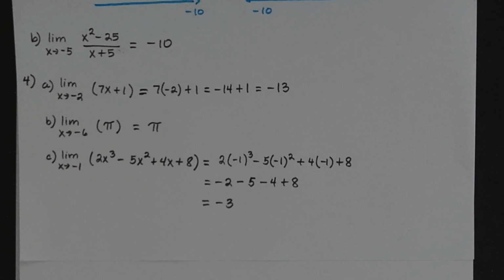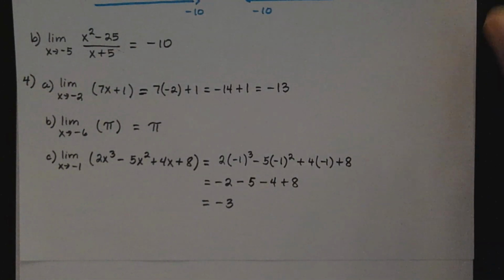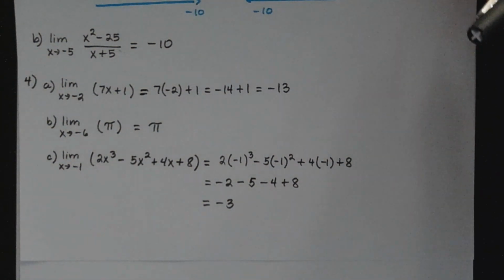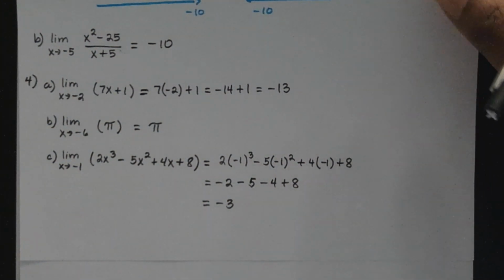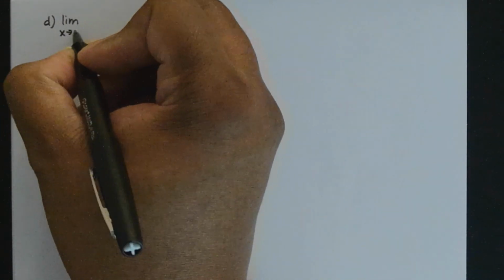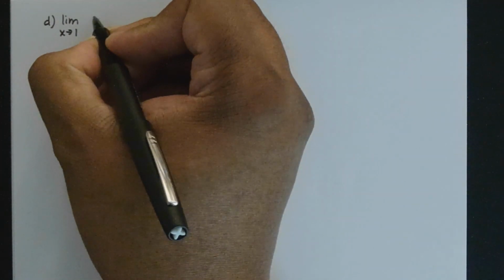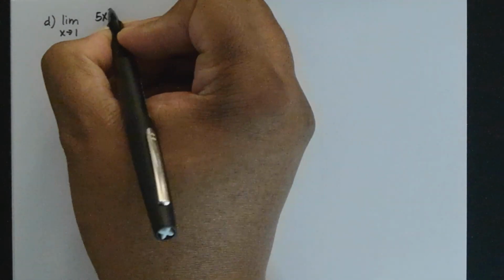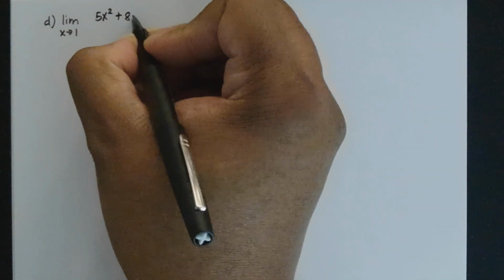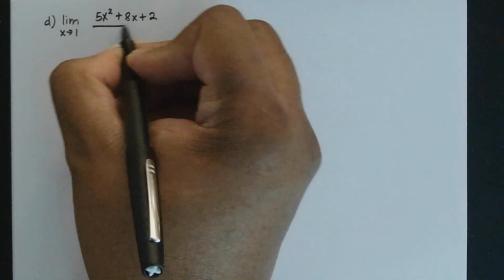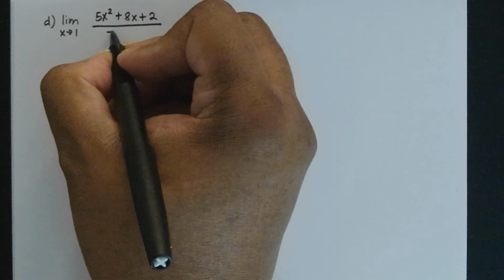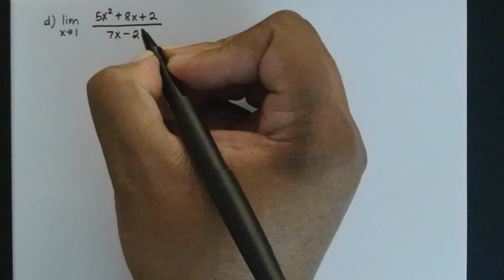Okay. Any questions about part C? All right, part D looks like this. The limit as x approaches 1 of 5x squared plus 8x plus 2, all that divided by 7x minus 2.